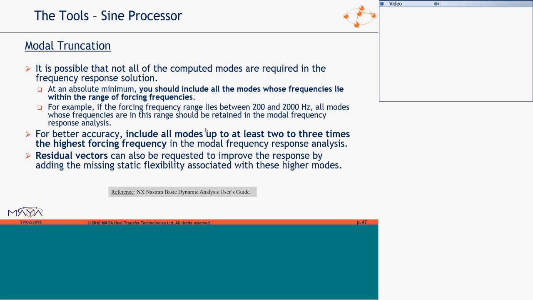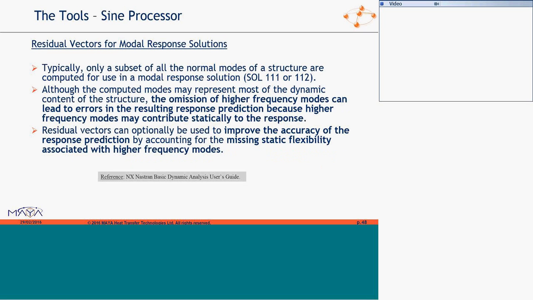Residual vectors can also be requested to improve the response by adding the missing static flexibility associated with the higher modes. Residual vector approach, then, again from the same Basic Dynamic Analysis User's Guide. Typically you compute only a subset of all the modes for the structure. It makes sense for performance reasons.